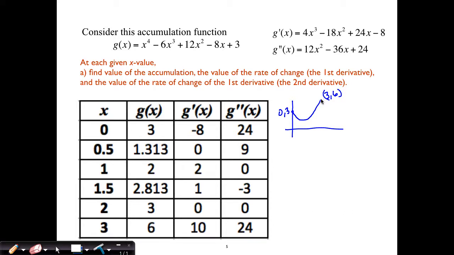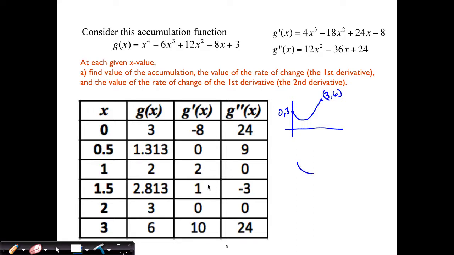But if you look at some of the other columns here, we can get more information about what's going on. Some of it will match that. It has to, in that specifically, the rate of change around 0 is negative, which indicates going downhill. But if you look through this sequence of values, I've got a negative rate, then 0, then positive, then 0, then positive. Thinking about what that indicates about a graph, just on its own, just the g prime values, I know my graph should be going downhill until it hits this 0, a flat spot.